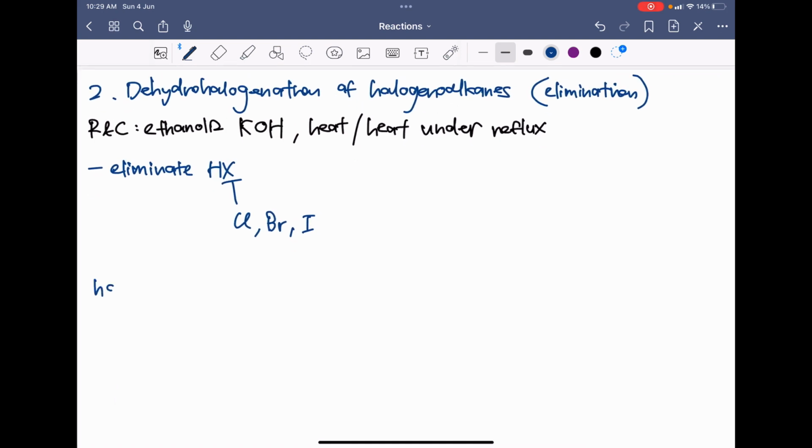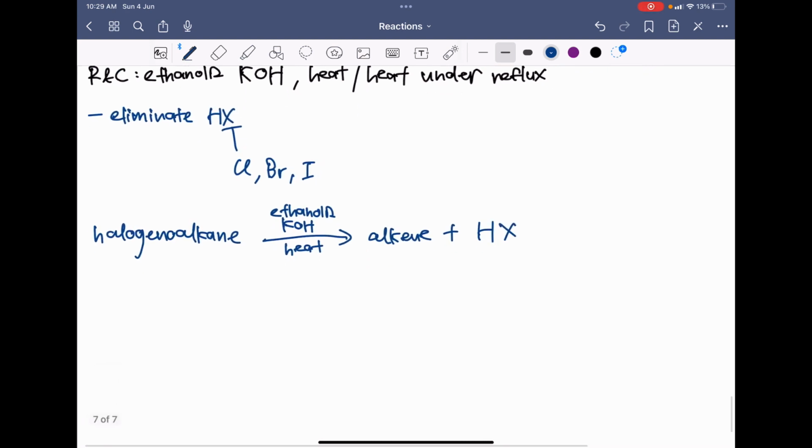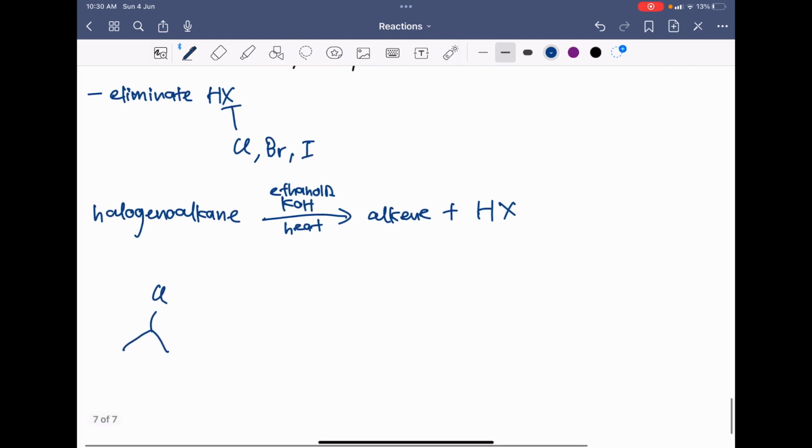So the whole idea here is halogenoalkane, ethanolic KOH with heat, and then you form an alkene with your HX. So for example, we have, okay, and then upon undergoing elimination, you will form an alkene with HCl.